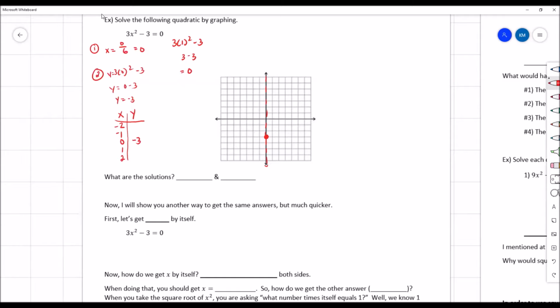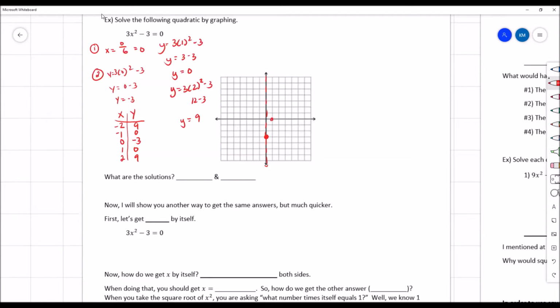There we go. So when x was 1, y is 0. When x was 2, 4 times 3 is 12, minus 3 is 9. y was 9, 0, 9, because of symmetry, we know that's the same.